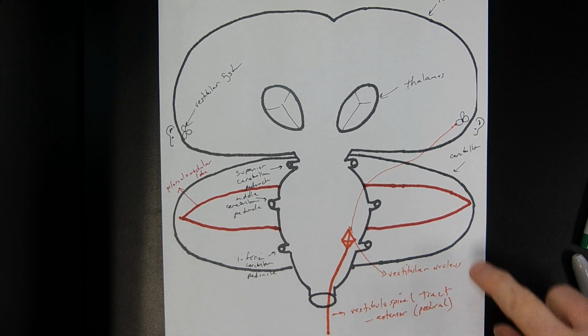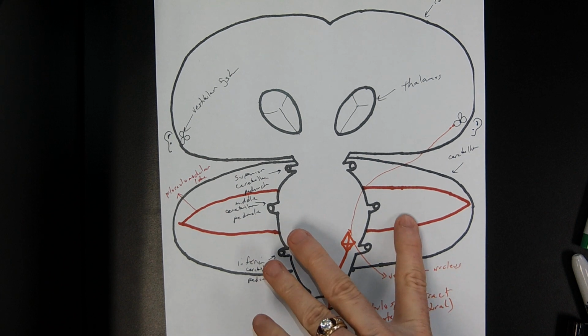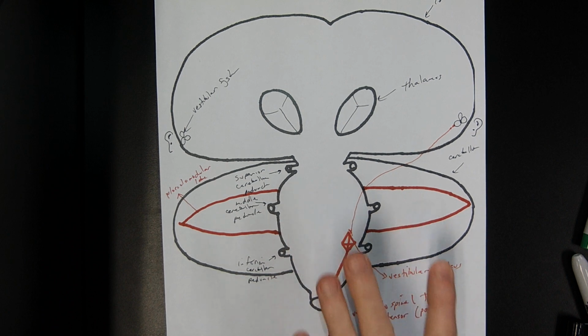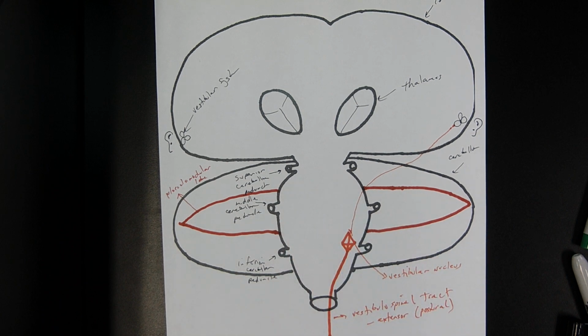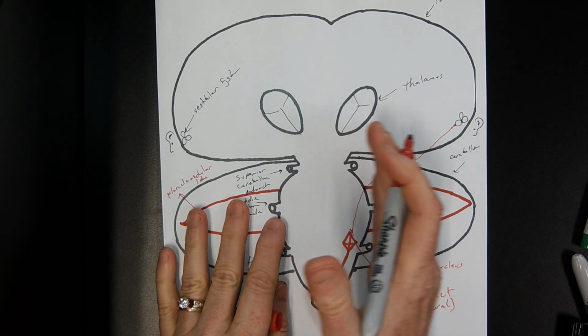So we've got your flocculonodular lobe. Important player here is going to be your vestibular nucleus. Does anyone remember which deep cerebellar nucleus the flocculonodular lobe or the vestibular cerebellum was associated with? That's going to be your fastigial. I'm just going to draw, for right now, the pathway on this side.